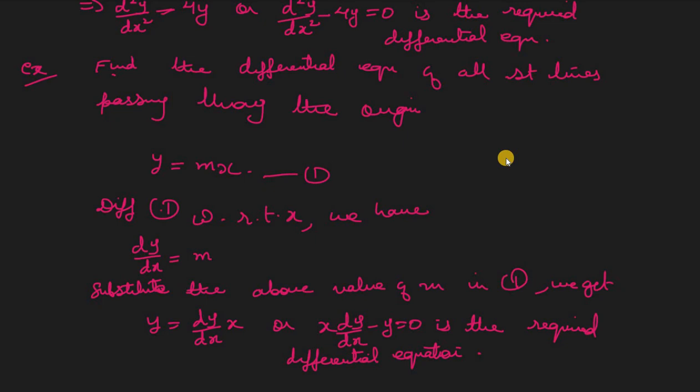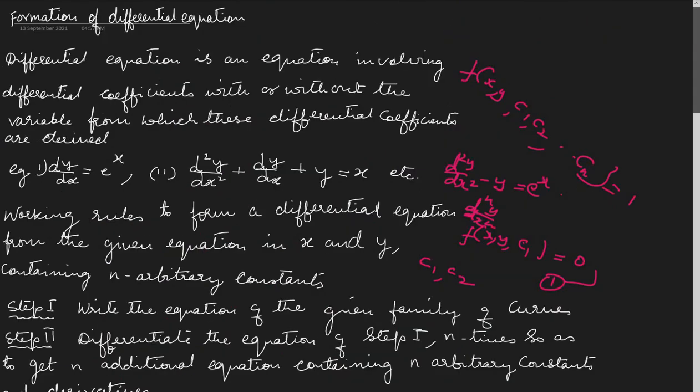What is the working rule? The first working rule, remember, is that if you are given a family of curves involving n arbitrary constants, to eliminate those constant terms, you have to differentiate the given equation n times. Using equation 1 and the n equations you obtain after differentiating equation 1, eliminate those constant terms.